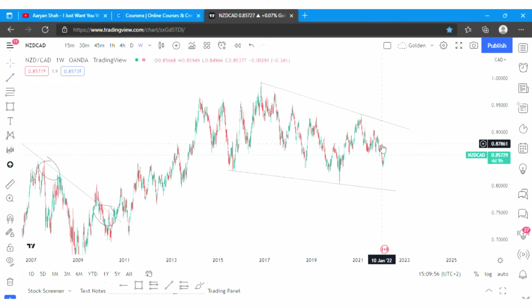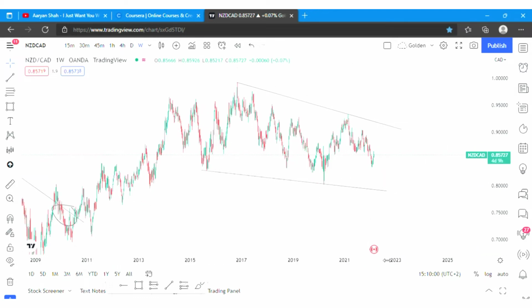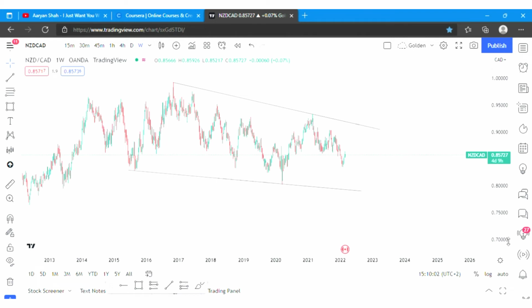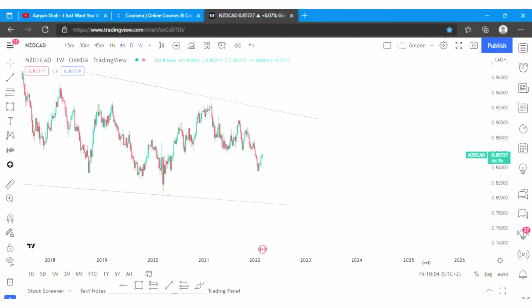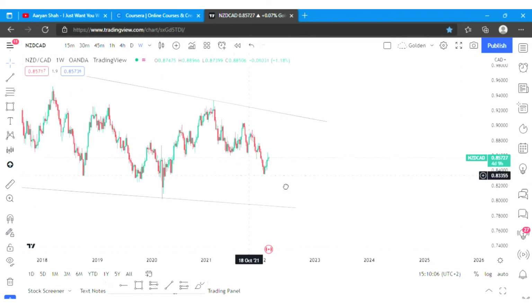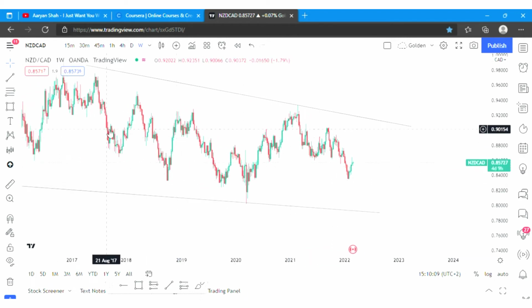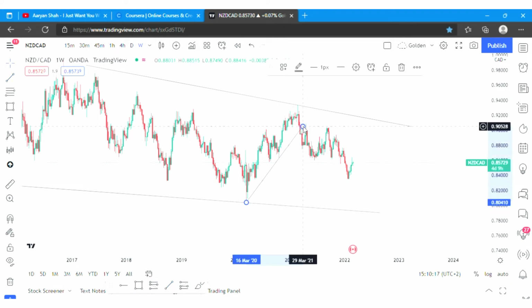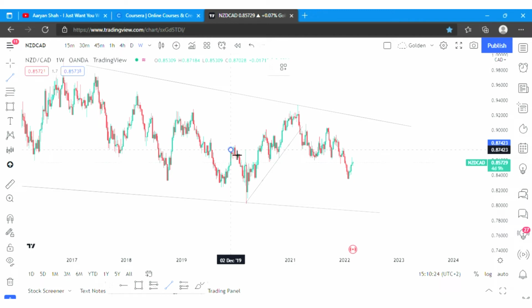If I zoom inside of this structure to see other movements that have been happening inside of it, we can already see that we had an ascending structure right there. We had the first touch there, second touch there, and the third touch is always our highest probability to enter the market. Every time the market reaches that third touch, it has to break to the upside or the downside.